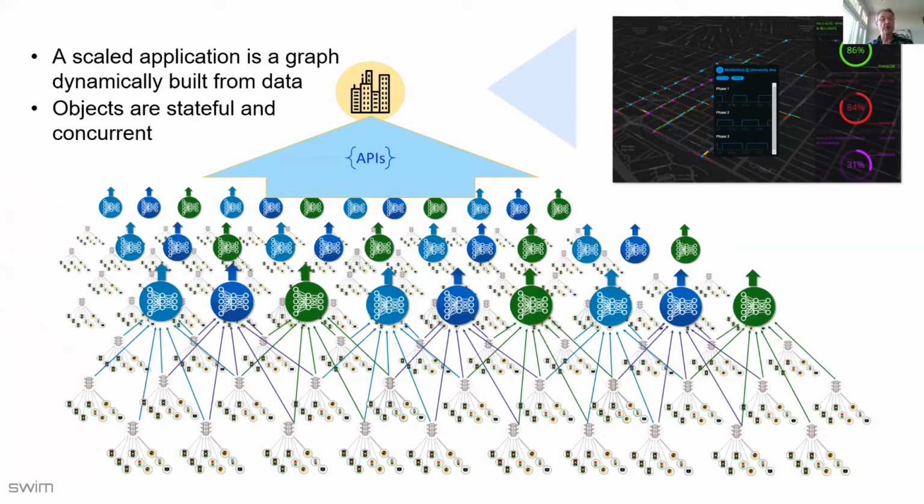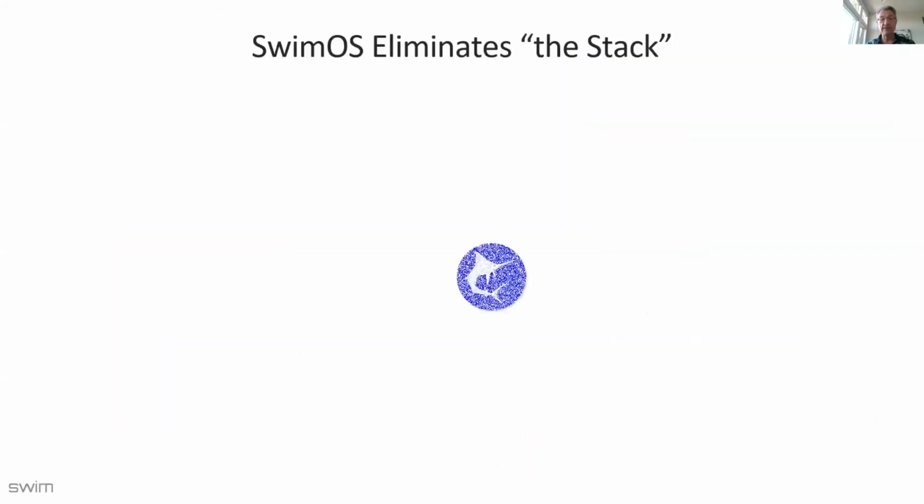So an application is a graph. Data flows over the graph and triggers the computation of insights continuously as data flows. Objects are stateful and concurrent, and we don't touch the disk.